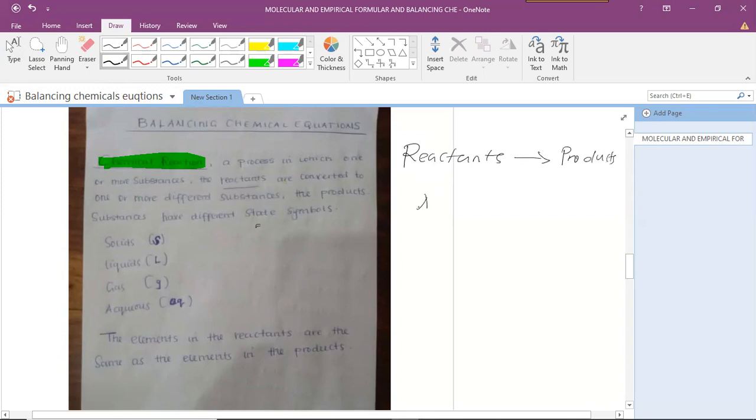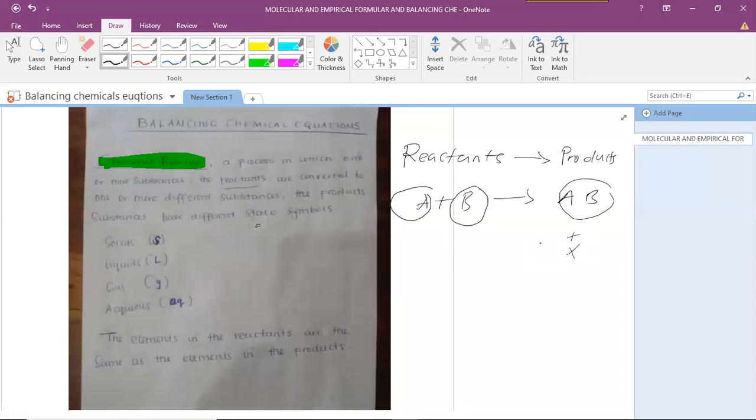So you can have A plus B giving you AB. So every chemical reaction is going to have reactants and products. And please, if you can see here, right? A and B, there is still A and B here. There is nothing like a new substance X there. You are still using the same compounds.